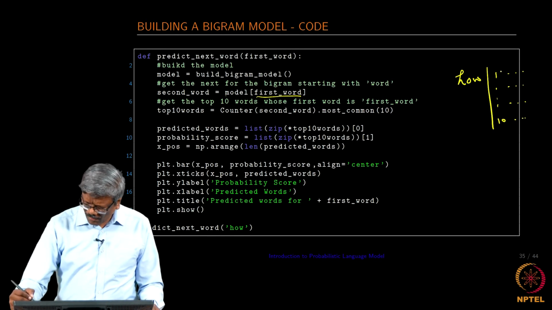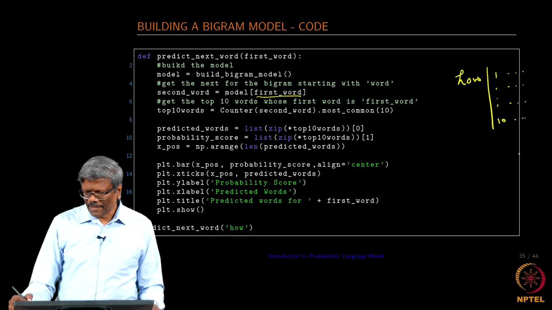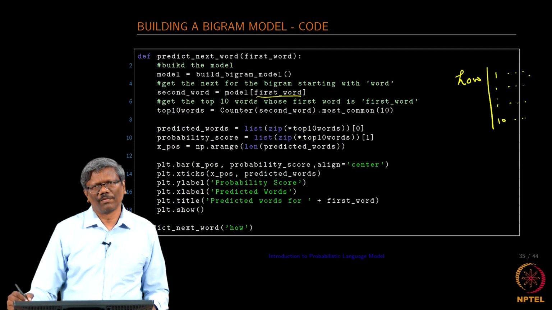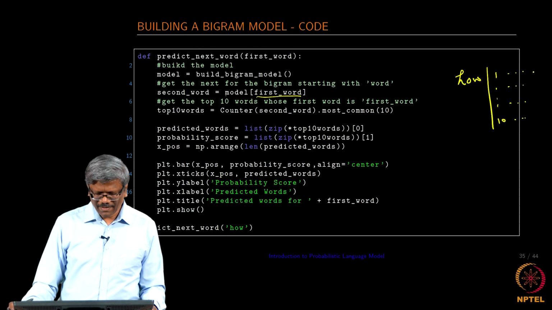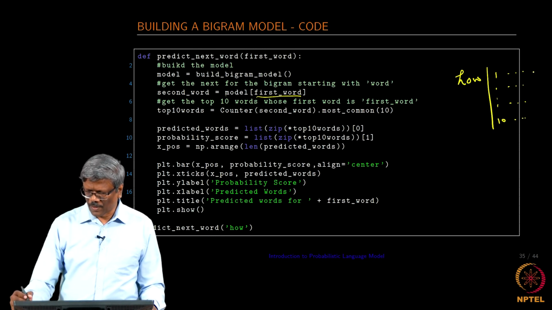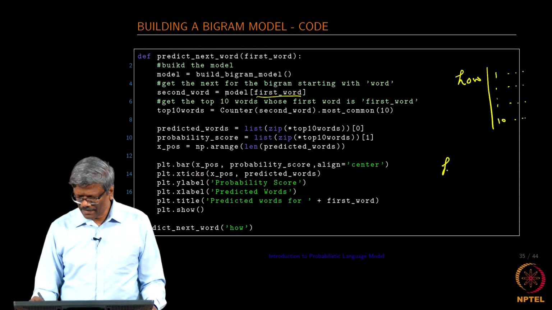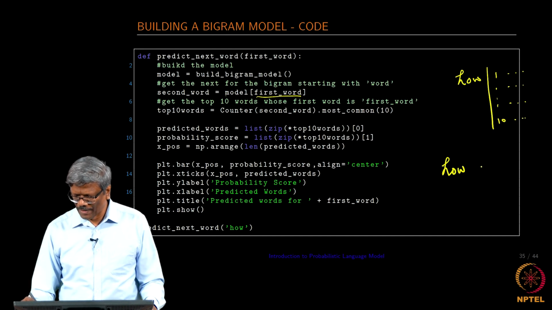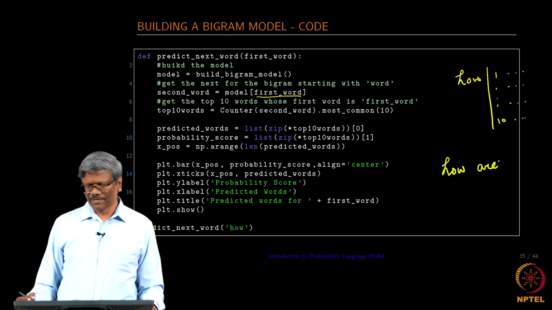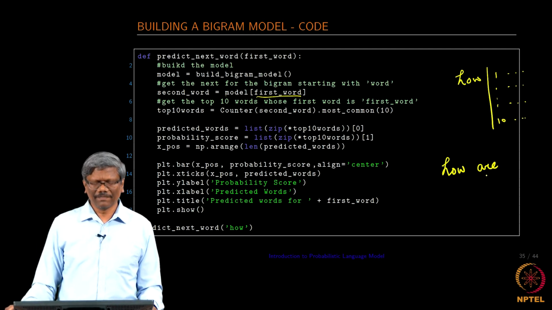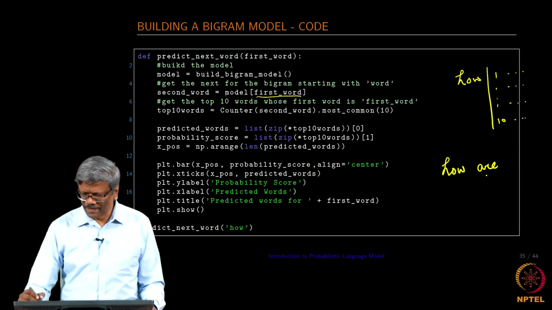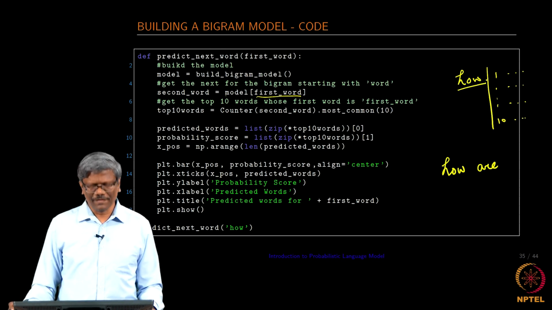When you pick all of those and find out which one has the highest probability, that is where we use the maximum likelihood. So, when you pick the highest one, you will say that how is followed by R, assuming that R has the highest probability in the list of words that we have found for how as the first word.